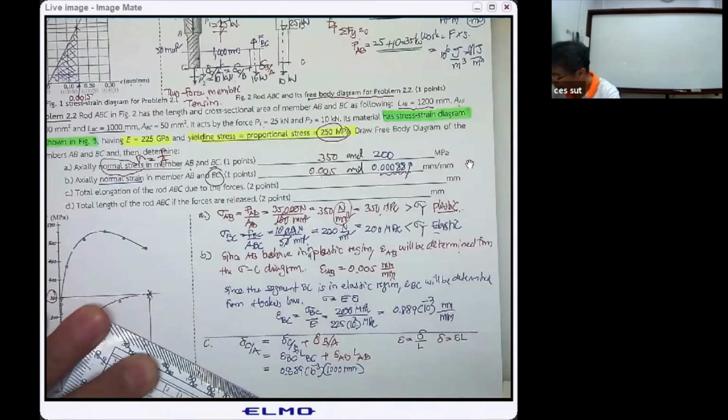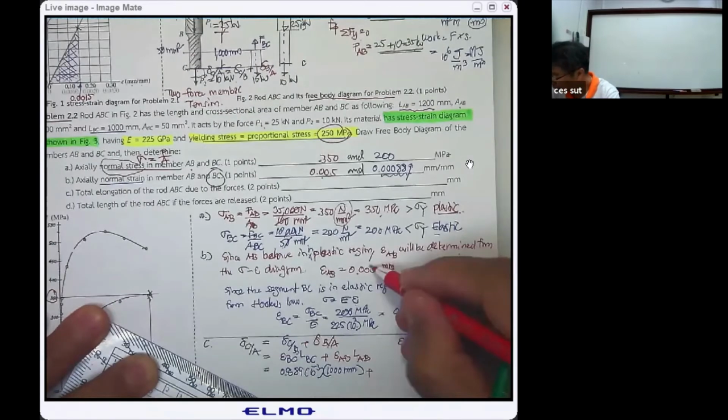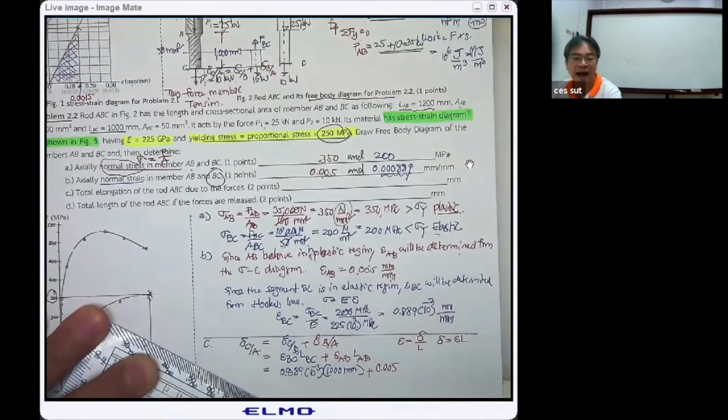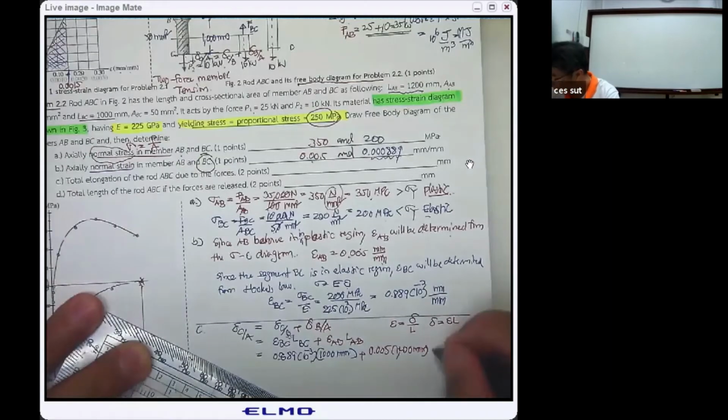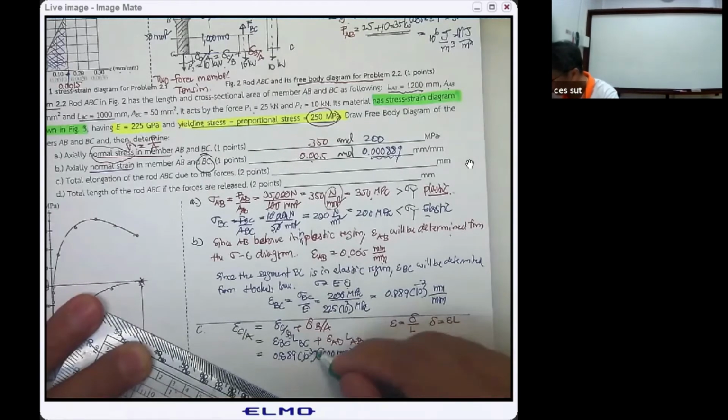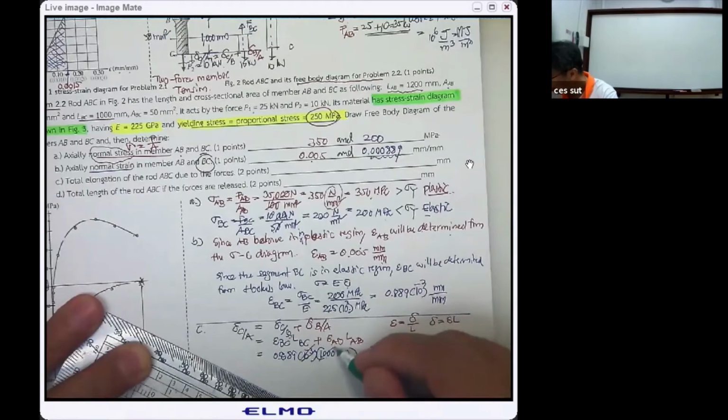And then plus the strain of 0.005. And you can see the length of AB is 1200, so times 1200 millimeter. Since the unit is in millimeter, when you compute, the first one times 1000 cancel each other, that is going to be 0.889.